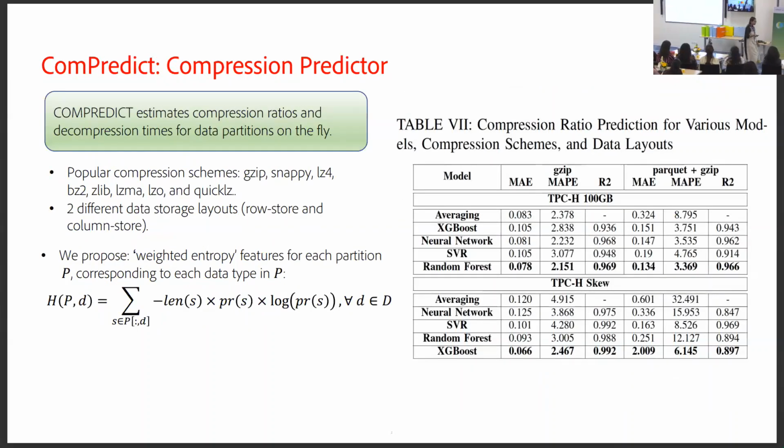Now, so far we assumed the compression performance is known, and historical access patterns, okay, we already addressed that. But what about compression performances? That is also unknown at runtime.